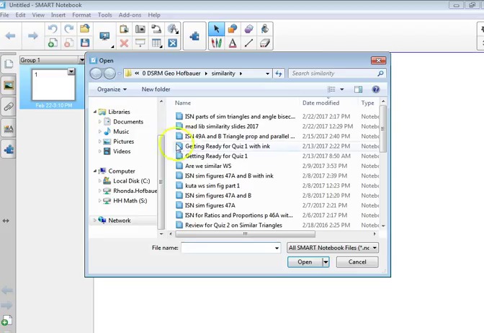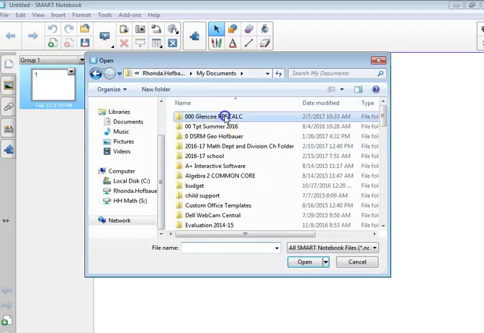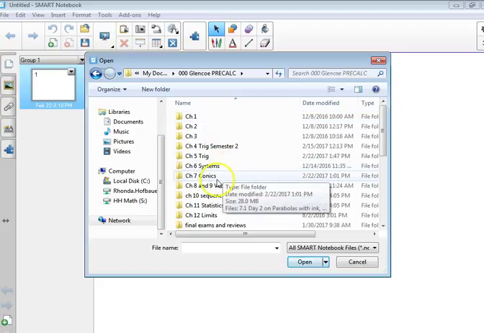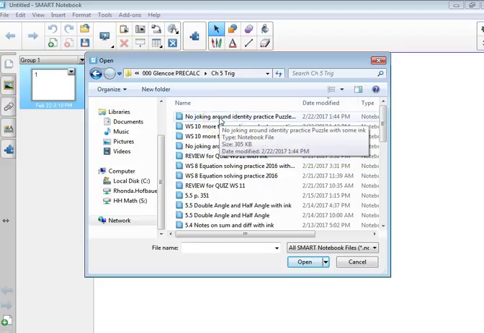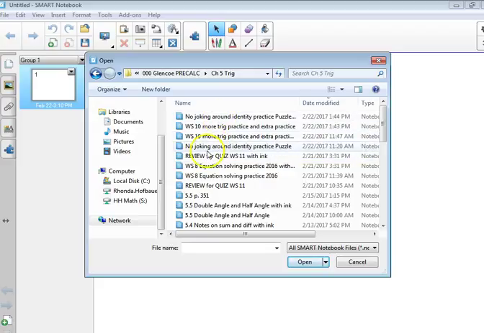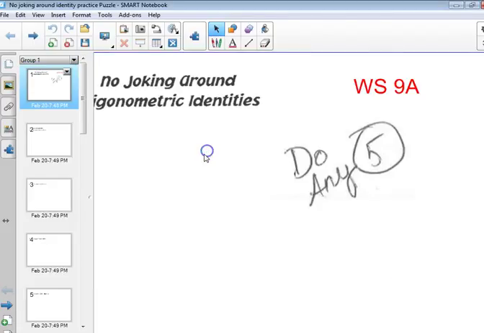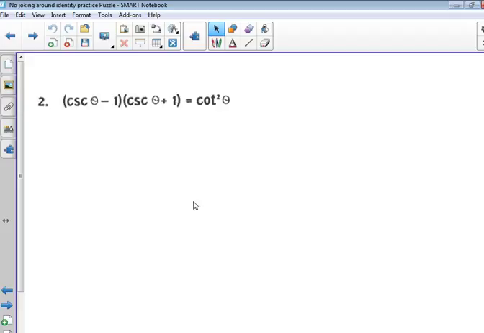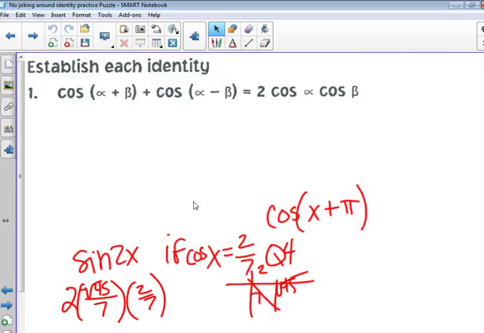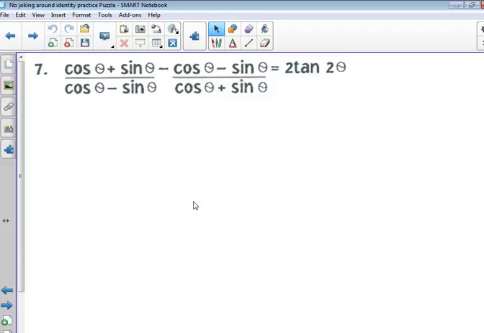You have to do 5 on one side. Are we on the right worksheet? And 3 on the other side? And which side did you want me to do? Side B, number? Really?